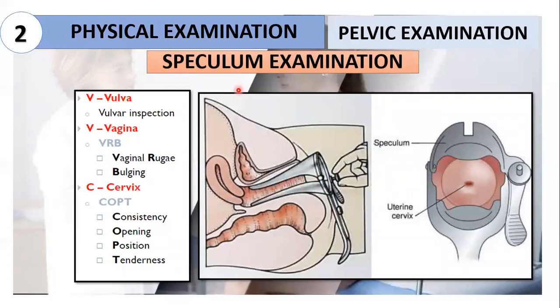We often use a metal speculum. Being metal, expect it to be cold, so we have to lubricate the metal speculum using warm water. We do not use KY jelly because if we want to take samples for pap smear, the KY jelly would contaminate the sample.